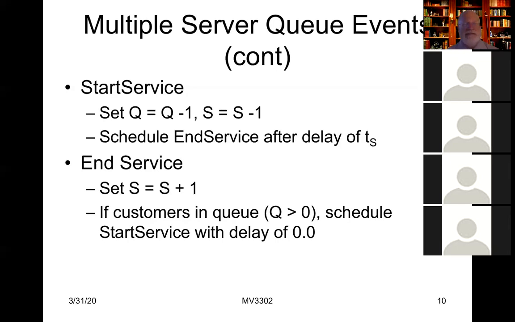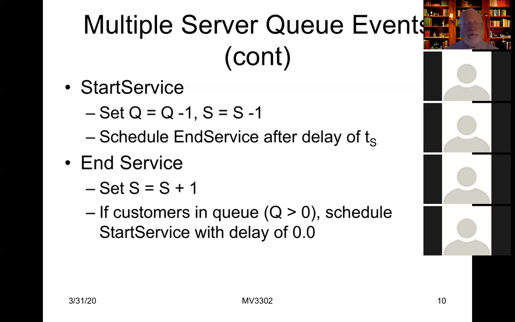Well, if you're the next one waiting in the queue, then you want to be waited on. The condition for that is that if there's somebody in the queue, then that server will start working on them. In the model, that's the statement Q is bigger than 0. If that is true, then we'll schedule another start service with a delay of 0. And when that start service occurs, that's going to perform the state transition there.